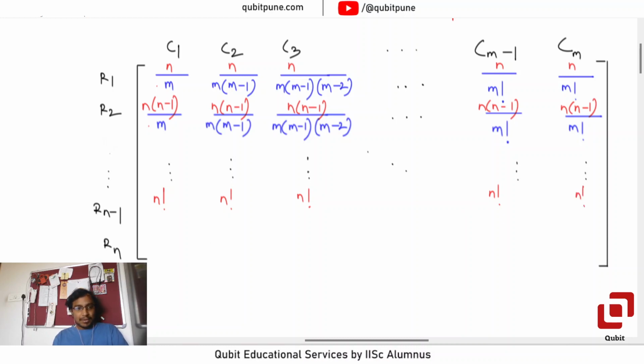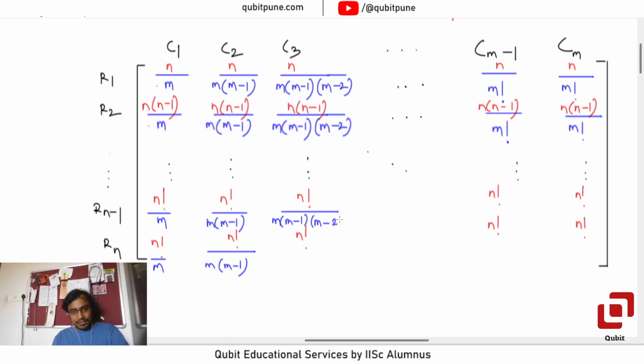And then in the denominator what will we have? Okay, so the same pattern will be there even for Rn. N factorial, n factorial, n factorial, n factorial, and n factorial here, and in the denominators here again it would be m into m minus 1, m into m minus 1, m into m minus 1 into m minus 2, m into m minus 1 into m minus 2.